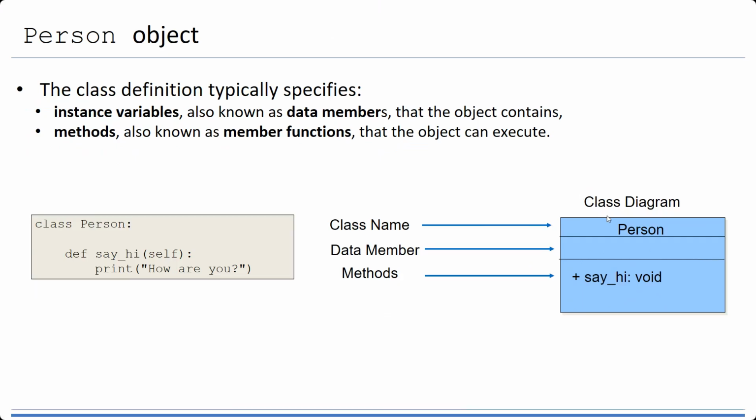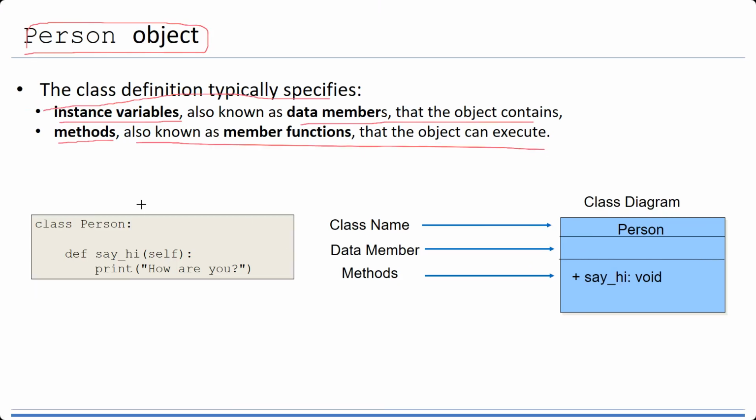As I mentioned in the previous slide, we have the object. In this case, we have the person object. So the class definition typically specifies the instance variables, also known as data members, that the object contains, and methods, also known as member functions, that the object can execute.